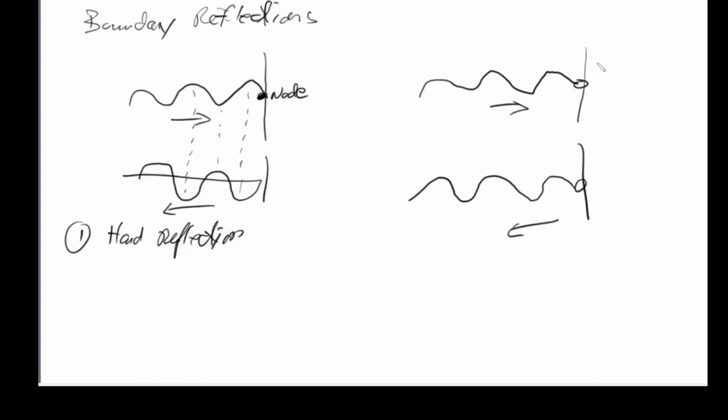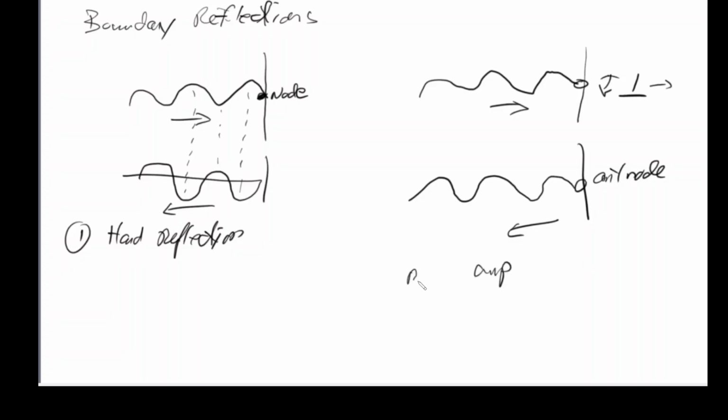So here the boundary can move, and it moves up and down perpendicular to the wave, which is moving in that direction. So here you have an antinode, because you get an amplitude.